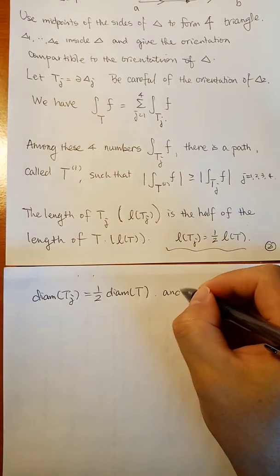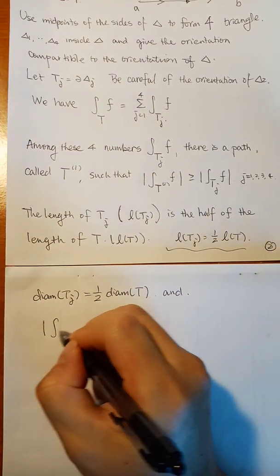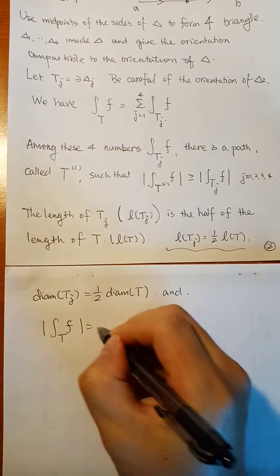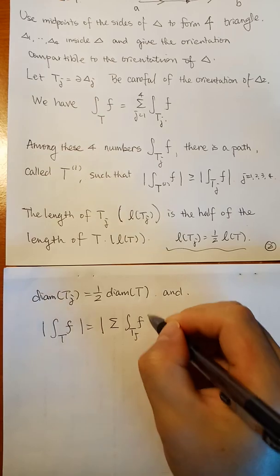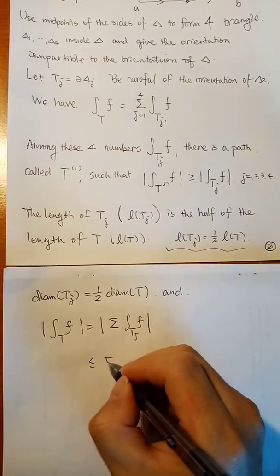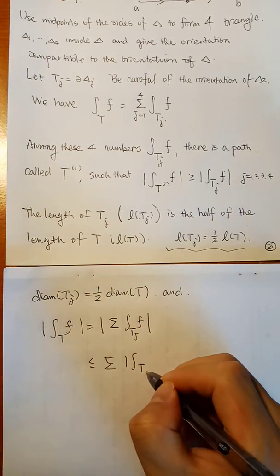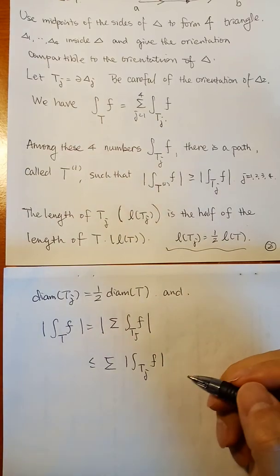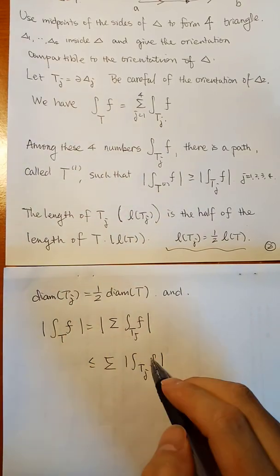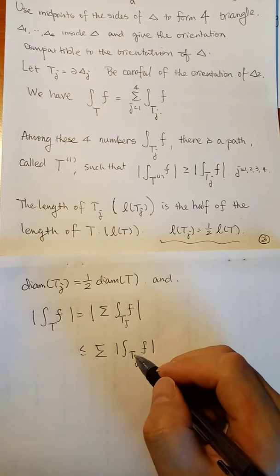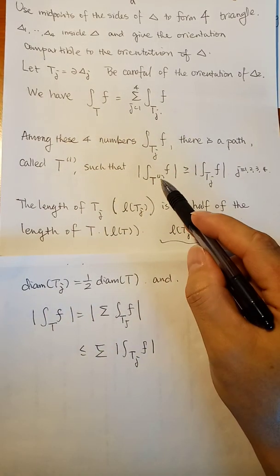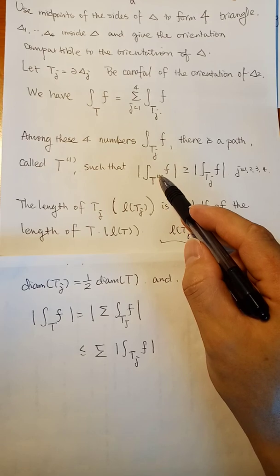And by the triangle inequality, remember we have the integral of f along T is equal to the sum of the integrals of f along Tj. By the triangle inequality, we move this absolute value into the sum. It's like this, and each of them is less than the integral along T super 1.